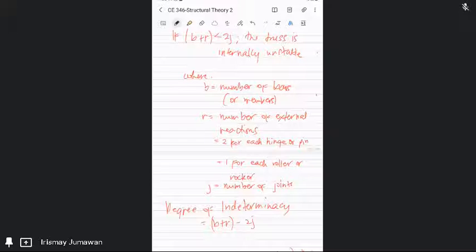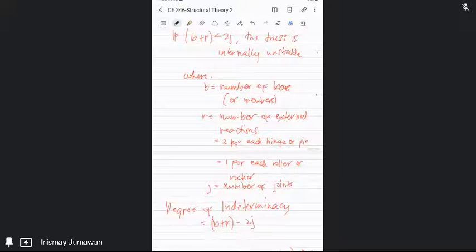So, before solving the truss, you have to determine the degree of determinacy. If it is determinate, you analyze it as a determinate truss. If it is indeterminate, you analyze it as an indeterminate truss. When you say determinate truss, you can solve it using static equilibrium equations.